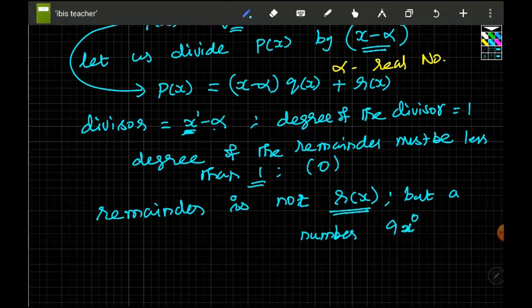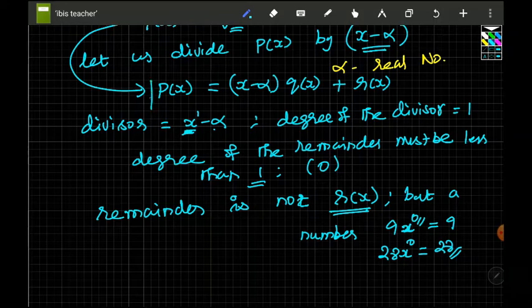It cannot be a negative power, because according to our definition, a polynomial with degree n, where n should not be a negative integer. So the only thing possible is x power 0. Anything power 0 is 1, so it may be 9, or it may be 28. Then the remainder is always a number.